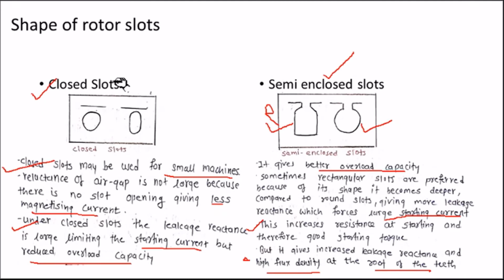So these are some advantages as well as drawbacks of closed slots and semi-enclosed slots. But the most important difference you must remember is that closed slots are preferred for small machines and semi-enclosed slots are preferred for medium as well as large machines.